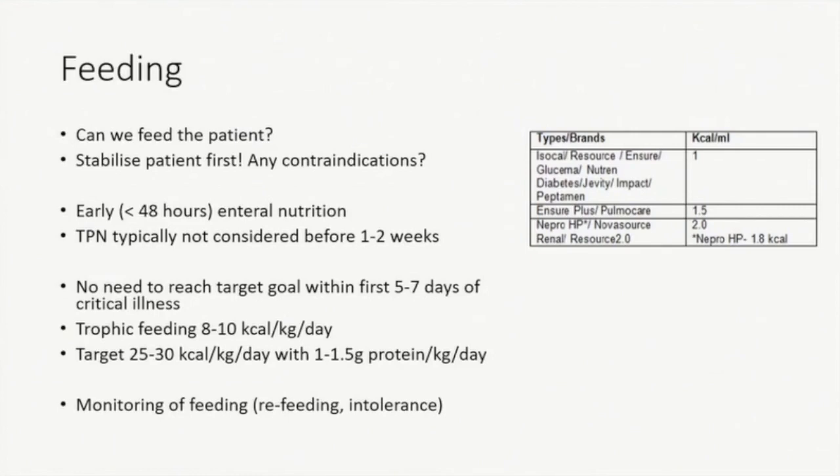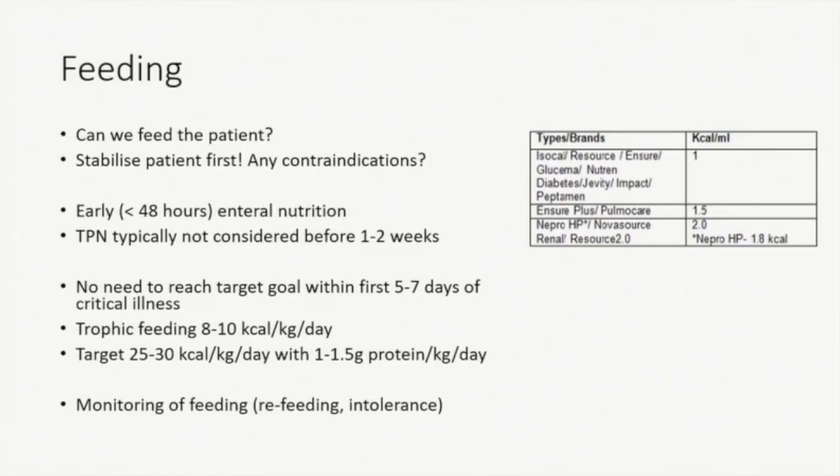If the patient still has very significant hemodynamic instability, and resus is ongoing, then there's no urgent need to initiate feeding. Of course, if the patient has an intestinal obstruction, for example, then clearly feeding should not be initiated.